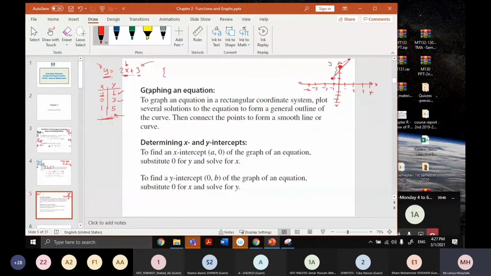We write the set: my graph passes through the points, starting the list, -1 and 1, through 0 and 3, and through 1 and 5 and so on. So if I have the graph, the plot, this is the x value and this is the y value as per a certain relation or a certain function.